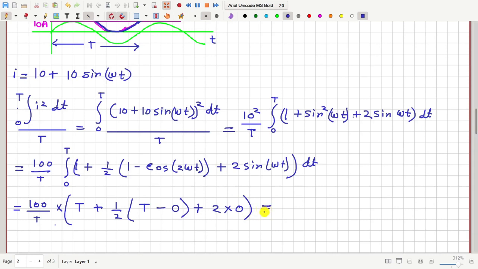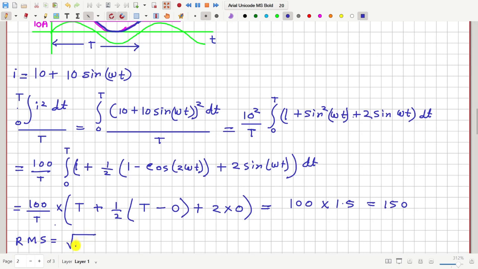So therefore we will have 100 into 1.5, and the T from the numerator and the denominator will cancel each other, so this will be 150.